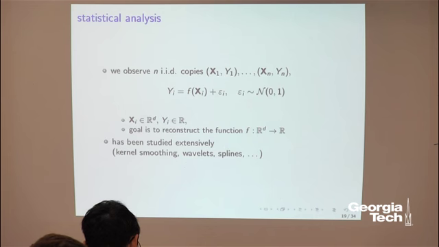You suppose the data generating mechanism is like that: you get your input, and then you have an unknown function f, and the label that you observe, which is real valued since it's regression, is this function applied to xi plus some random noise on top of it. So what you want to do, like on the previous slide, is use your network fit to reconstruct this unknown function f from the data.